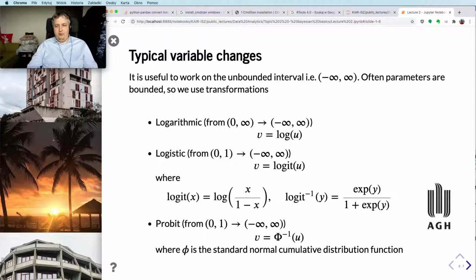This is very useful, especially when, for example, we want to predict the probability of something, because we want values between 0 and 1 while our predictors have different values. In such a situation we use this transformation that just squeezes the entire real axis into a 0-1 interval, and this is a sort of sigmoid function.